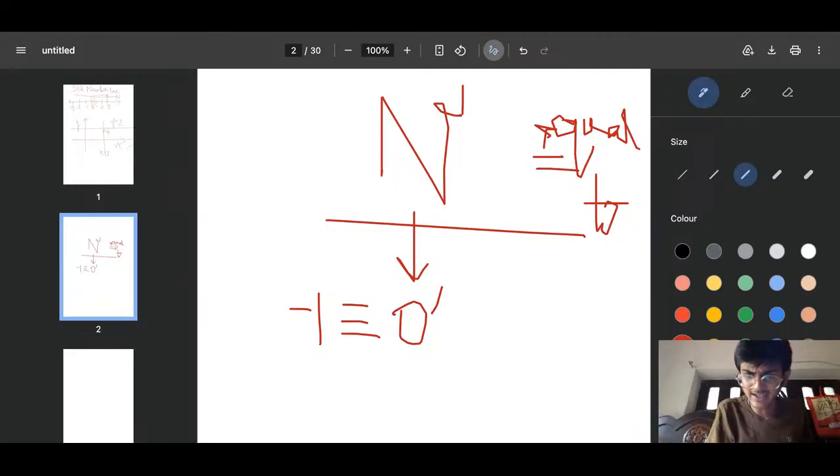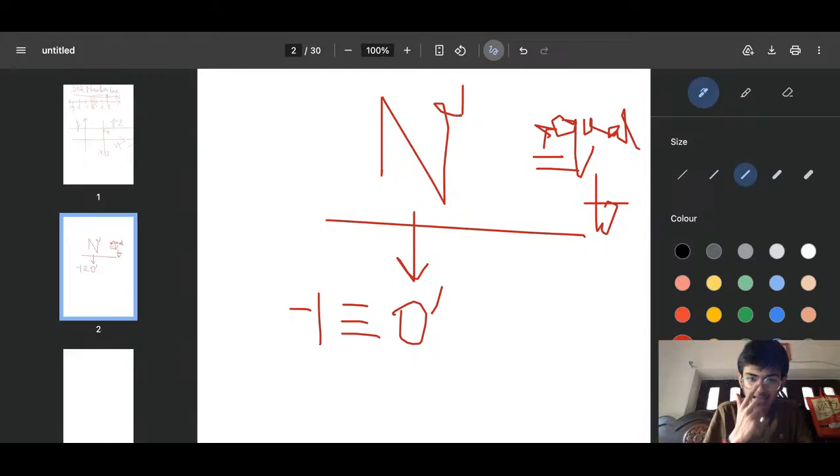Minus 1 is a negative quantity, but 0 dash is defined as a neutral 0 in the n dash system, while the same is equivalent to a negative number in the n system, that is minus 1. So minus 1 is actually equivalent to 0 dash.